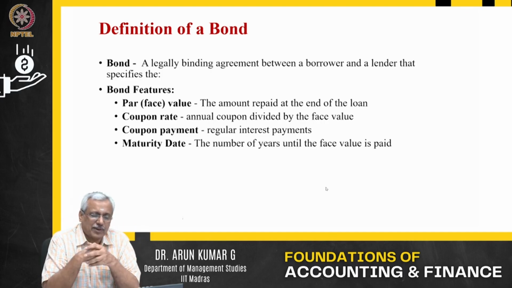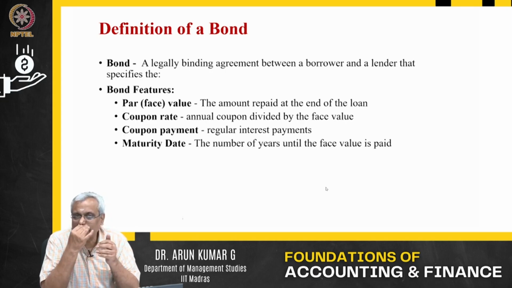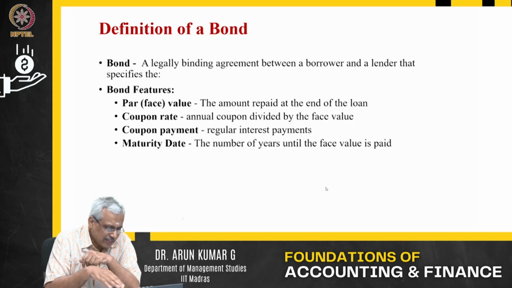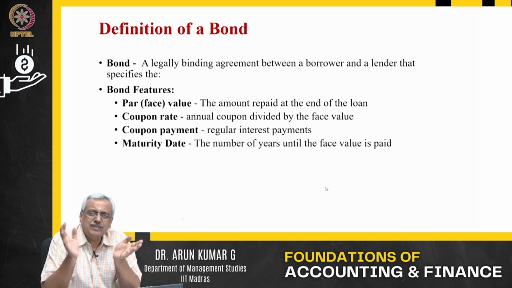For example, if you invest in a fixed deposit in State Bank of India, you get about 7% or 7.5% interest. That 7 or 7.5% interest is what we call the coupon rate on this bond. It is the annual coupon divided by the face value, expressed as a percentage.